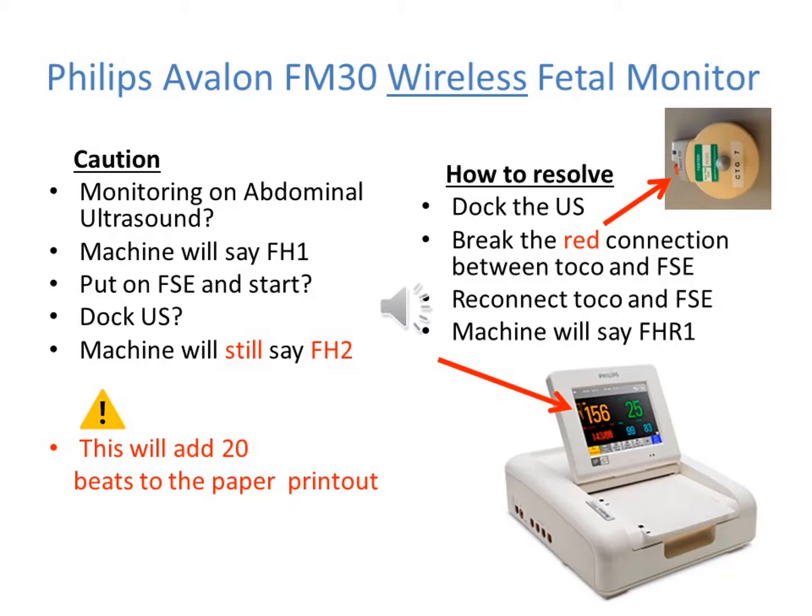It's important that this is resolved as soon as you become aware of it by breaking the red connection between the TOCO and the FSE, reconnecting them, and then the machine should now say FHR1, which will indicate that the correct heart rate is recording. Unfortunately, there is not a way to automatically prevent this from happening, so it's important that staff are all aware.